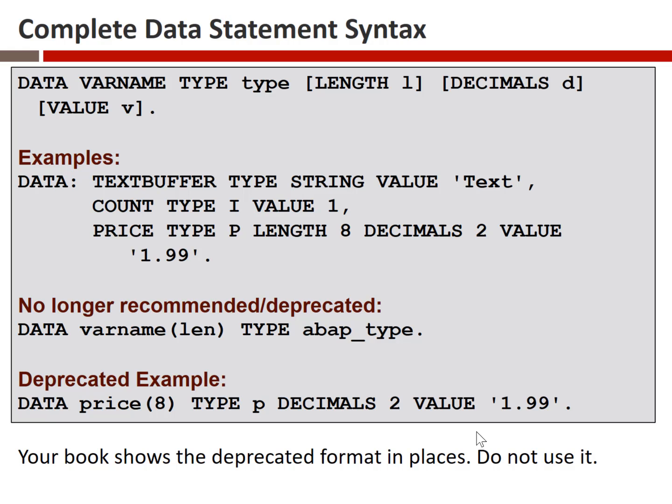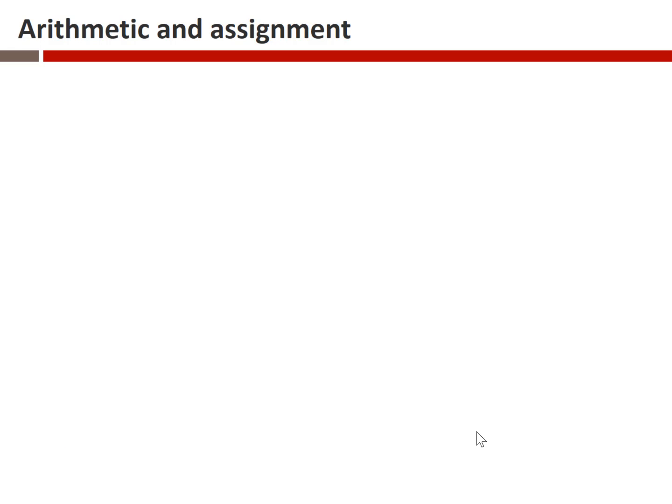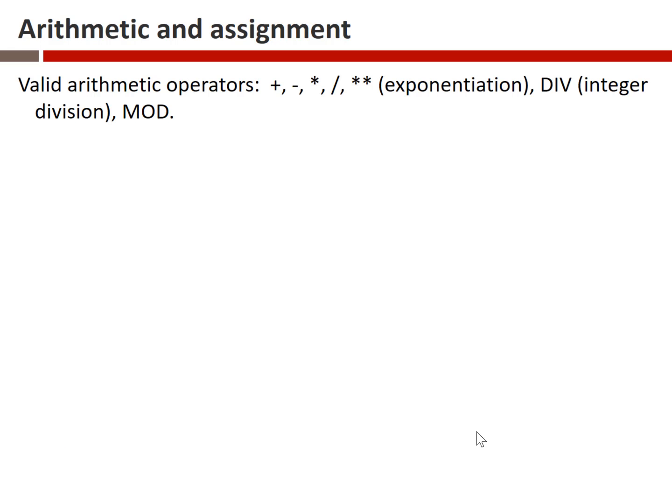Okay, so what can we do with data objects? Well, obviously, we can do math. So let's talk about the math operators in ABAP, and we're not going to take a long time to talk about this. We're just going to observe we have plus, minus, times, slash for whole number division. We have the double star for exponentiation.